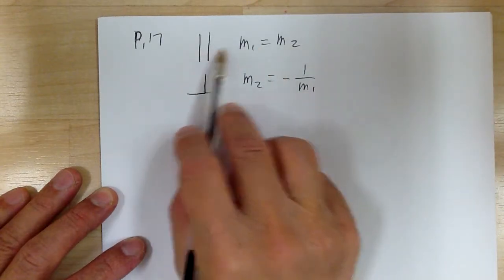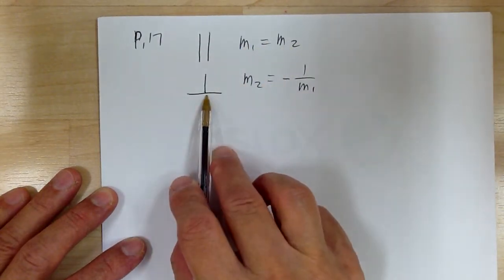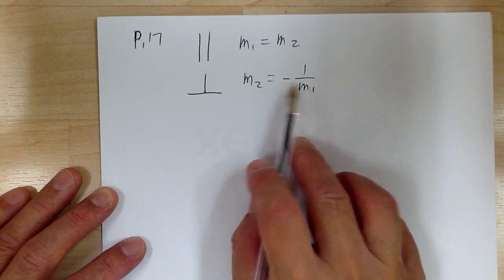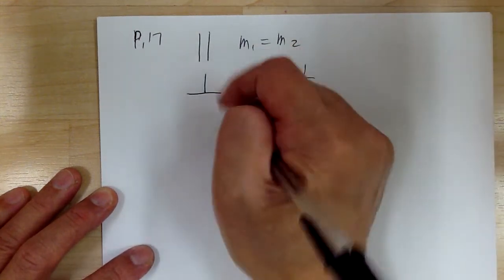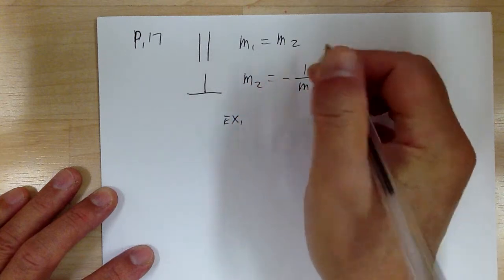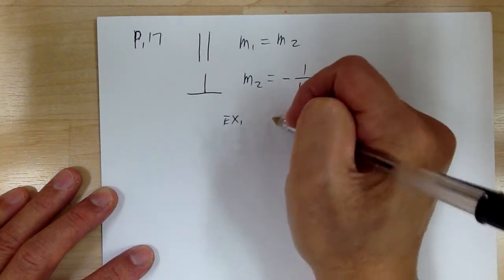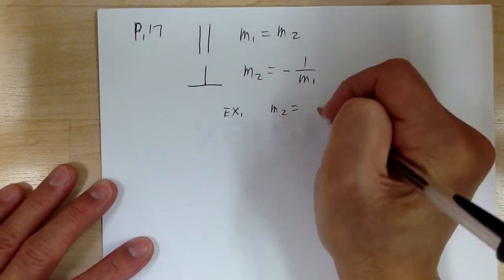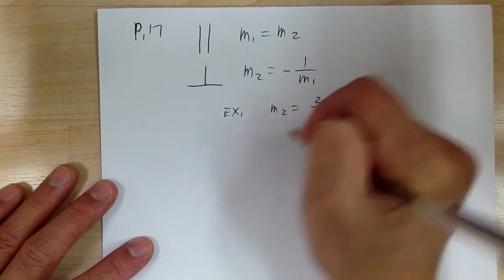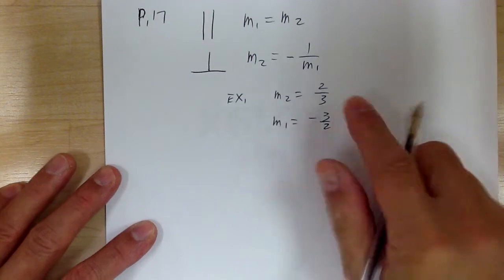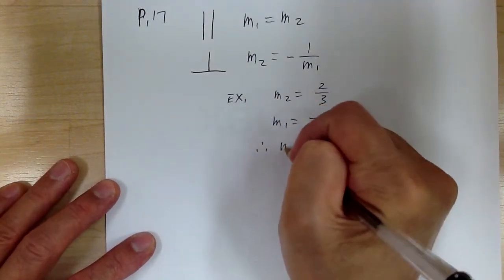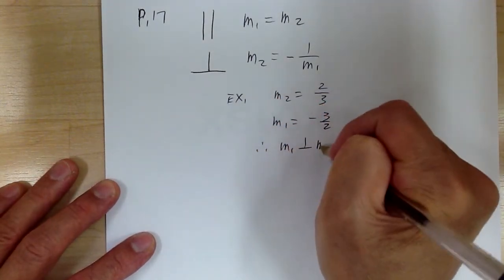So if it's parallel, the slopes will be equal. If it's perpendicular, the slopes will be negative reciprocals of each other. Okay. An example of that would be, if M2 equals 2/3, then M1 equals -3/2, right? Negative reciprocal. Therefore, M1 would be perpendicular to M2.